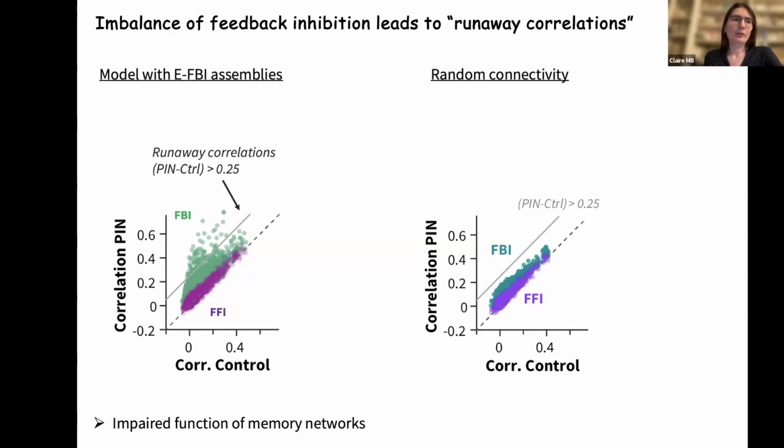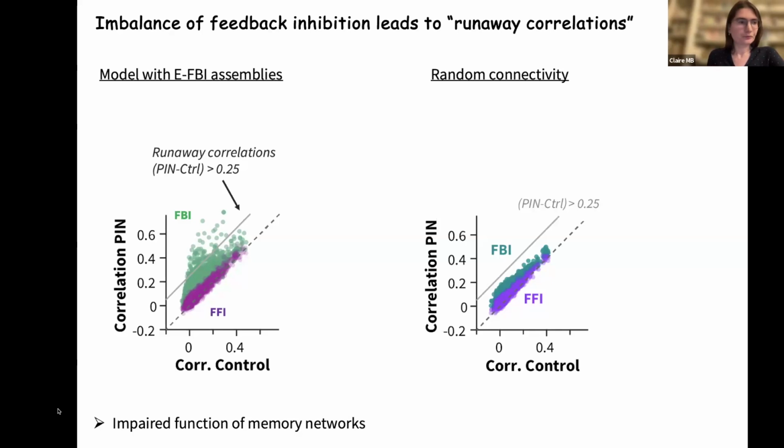If you think about it functionally, these strong correlations impair odor discrimination and memory retrieval, because without fine, precise inhibitory connectivity, even two different odors could generate similar activity patterns in the network, and this would become much harder to decode.